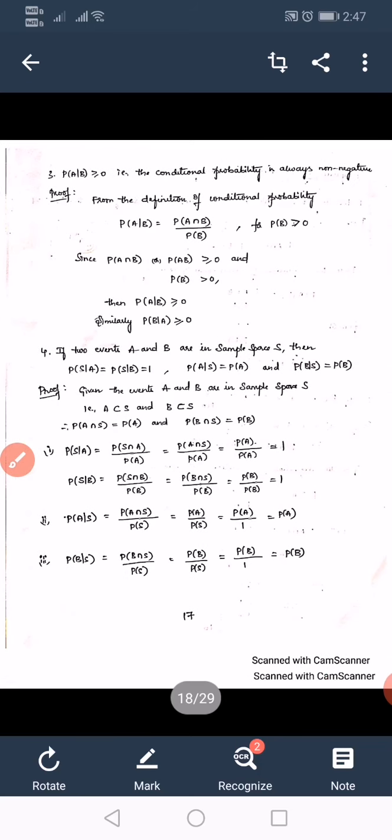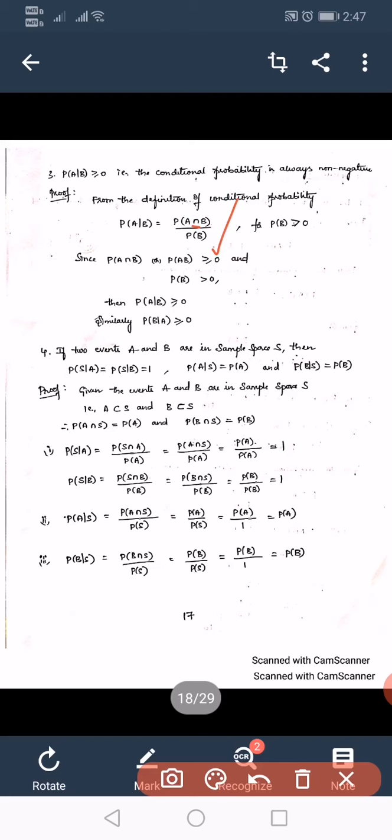And the next property: P of A given B is greater than or equal to 0. That means the conditional probability is always a non-negative number. So let us see the definition of conditional probability. P of A given B equal to P of A intersection B by P of B, and the denominator part is not equal to 0, or greater than 0.